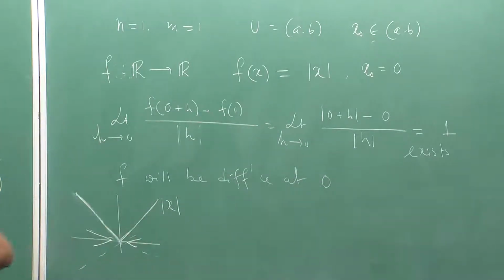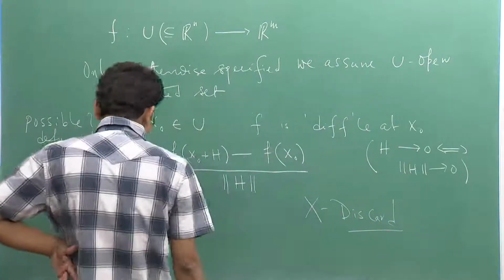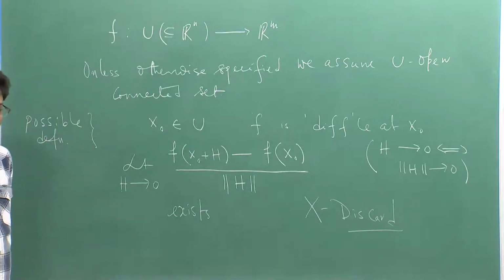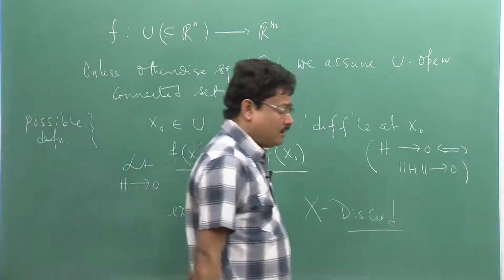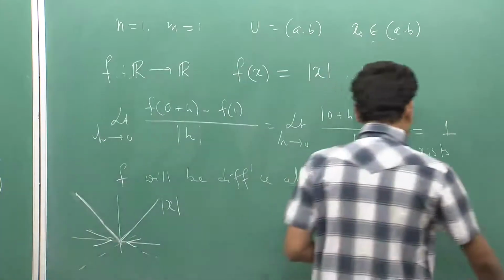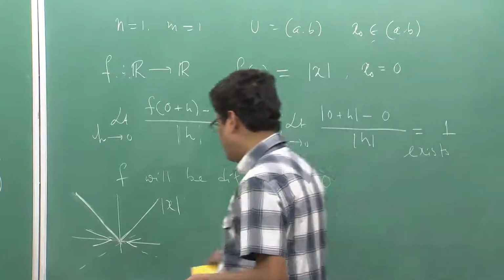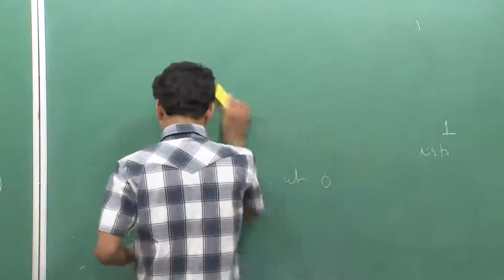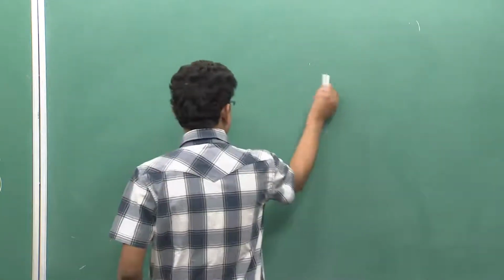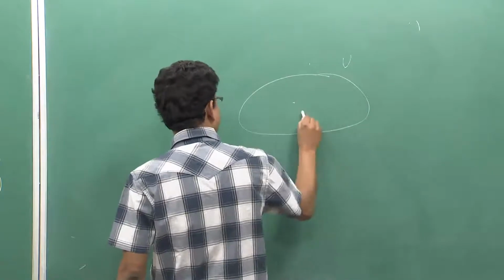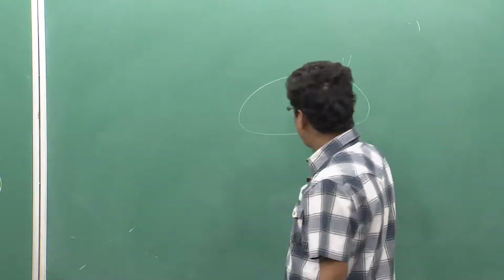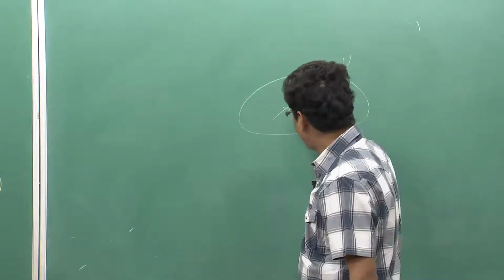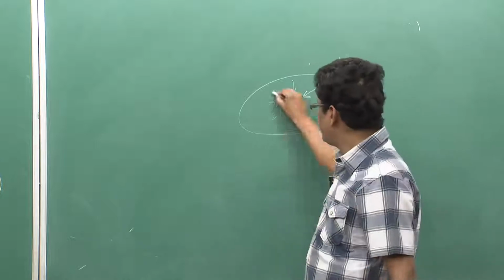So, maybe while defining the derivative for several variables, we should take care of direction, that we should be able to approach from all possible directions, and what we can come up with as a possible solution is that, well, here is my U, I want the derivative at x naught, I should be able to approach x naught from all possible directions, and then we will see if the limit exists.